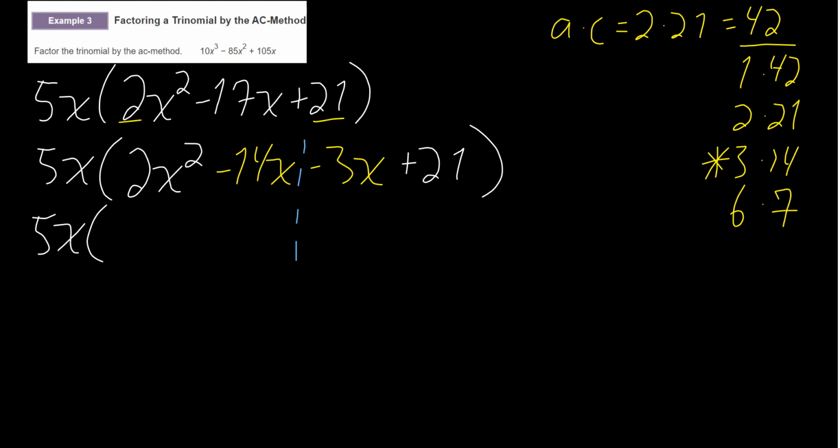Okay, so what can I factor out of the left side? Well, it looks like I can factor out a, let's actually put a bracket. All right, looks like I can factor out a 2x, and that leaves me with x minus 7.